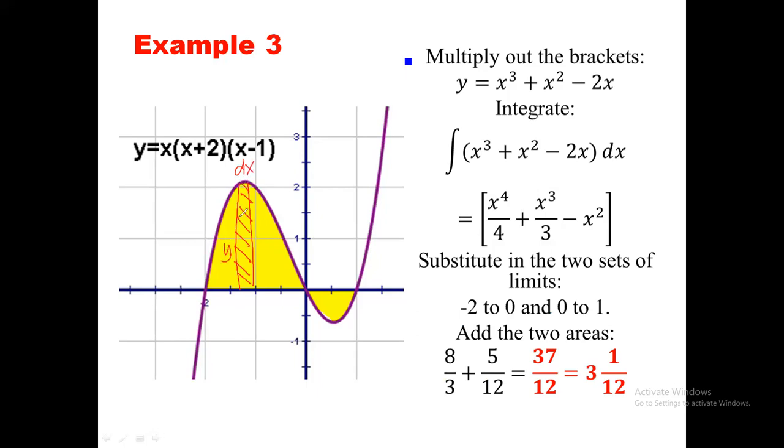Is this y consistent whether I'm here, here, or here? The answer, of course, is yes. It's consistent because it's the curve minus the line. In the case of this second one, if you draw a vertical element, this is still y, and this is still dx. This y is actually the negative of this y.